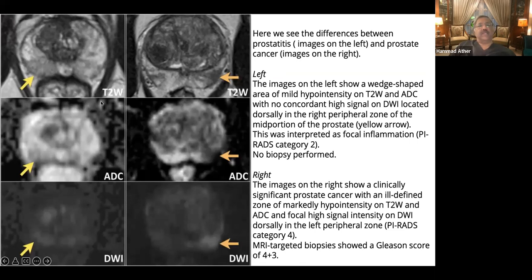Similarly, in the cancer, you have to have a very hypointense lesion on ADC, and a bright lesion on the DWI images.